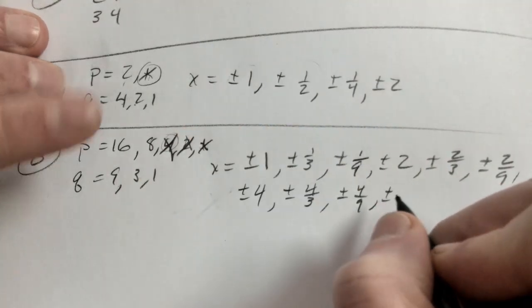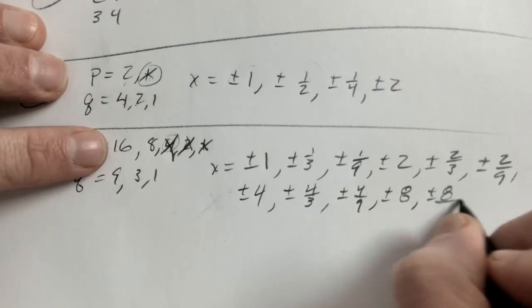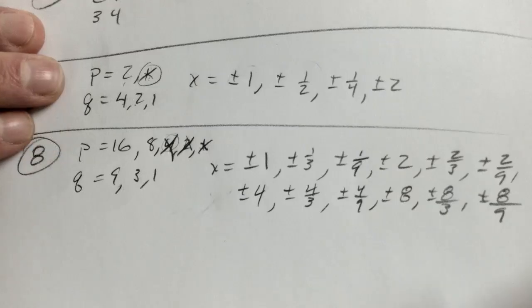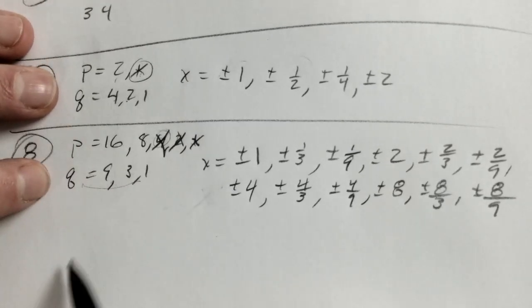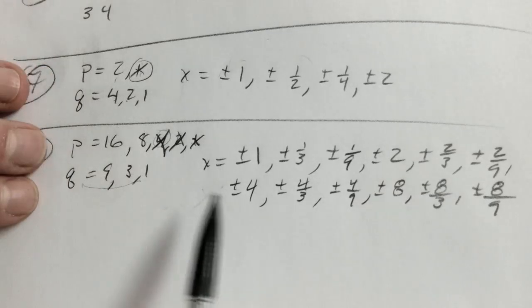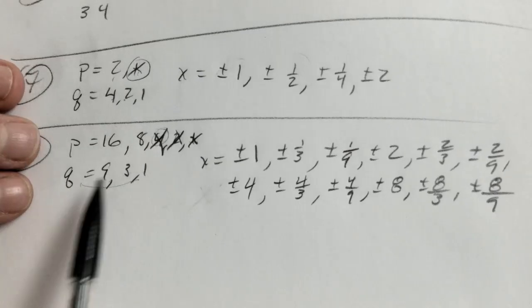So plus or minus 8 divided by 1 is 8. 8 divided by 3 is 8 thirds. And plus or minus 8 divided by 9. Remember, each factor of the top divided by each factor of the bottom. There's so many different possible combinations that we could have. Especially with a problem like this, right? 5 factors divided by 3 factors. It's going to be a bunch.